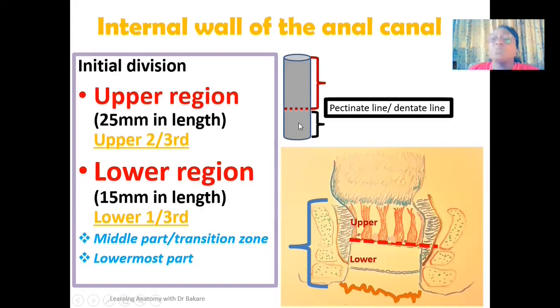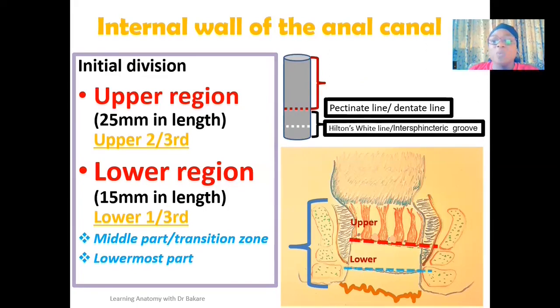The lower one-third is subdivided into two by the Hilton's white line. This demarcation is at the level of the intersphincteric groove. We'll get to this groove as we go further with this lecture. So the lower one-third is divided into the middle part, or transition zone, and the lowermost part.